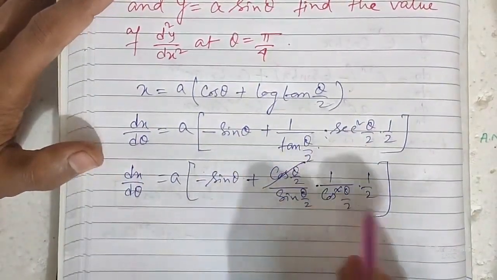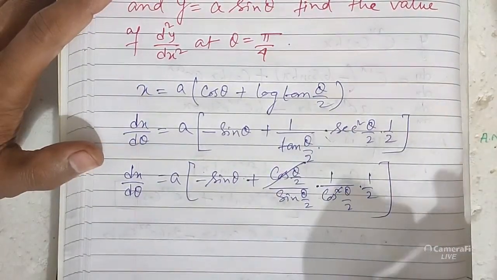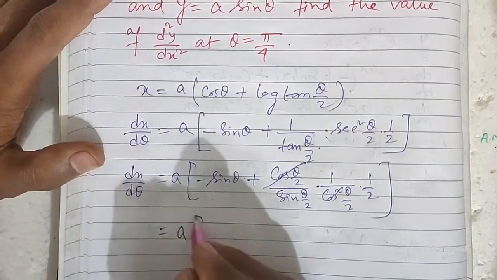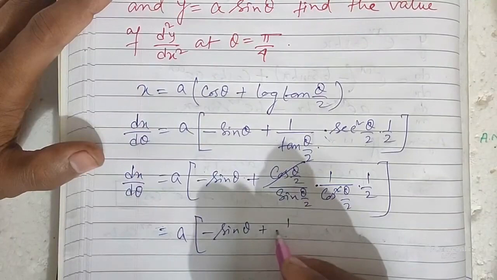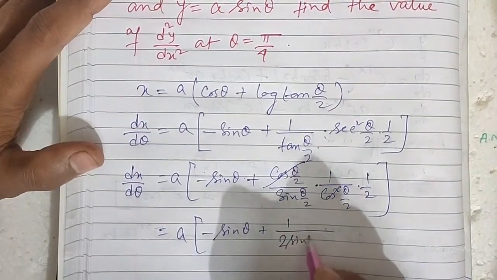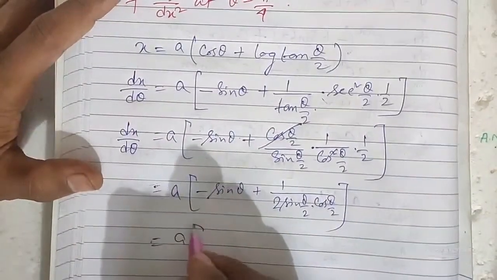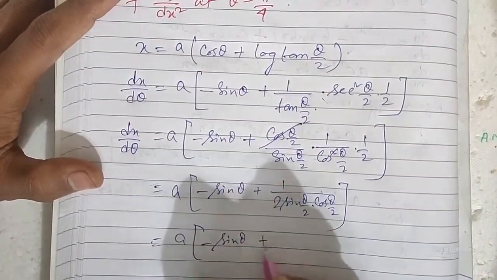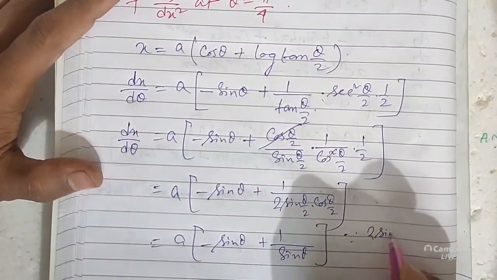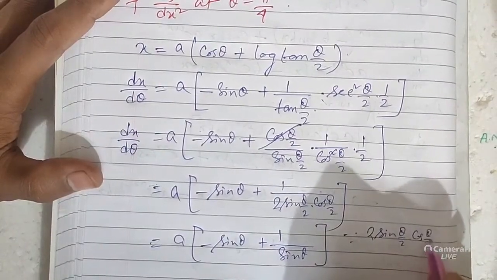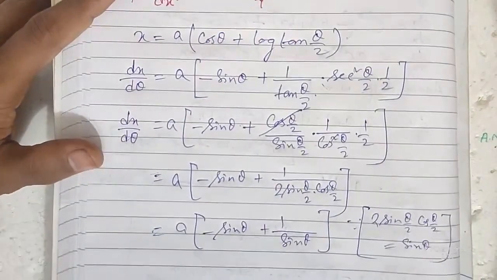What is left in the denominator? 2 sin theta by 2 cos theta by 2, and that is the formula of sin theta. So this equals a into minus sin theta plus 1 by 2 sin theta by 2 cos theta by 2, which equals a into minus sin theta plus 1 by sin theta, since 2 sin theta by 2 cos theta by 2 equals sin theta. This we know.